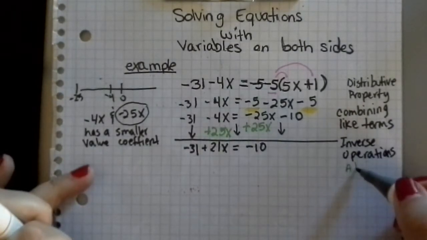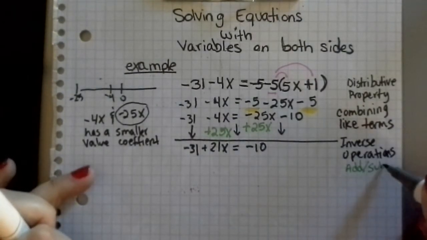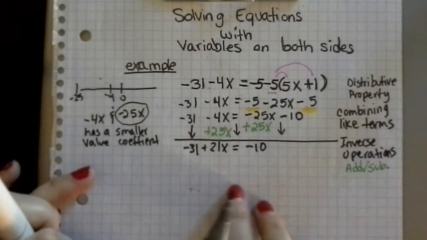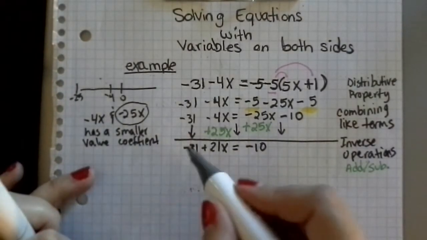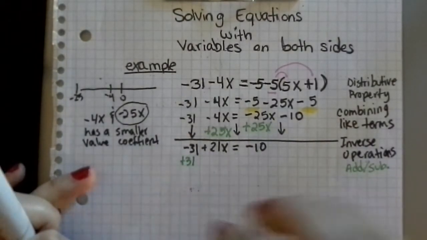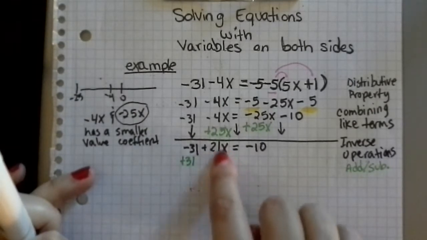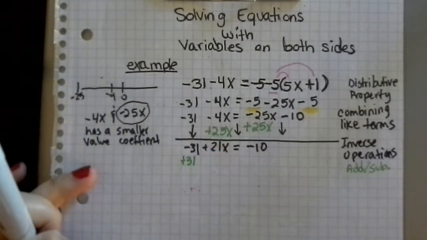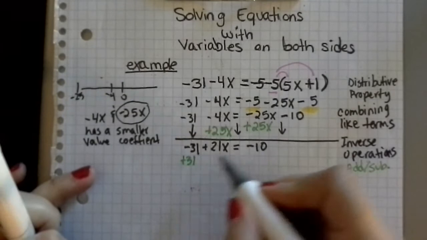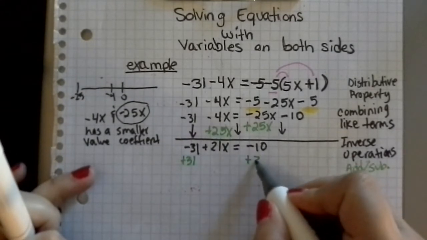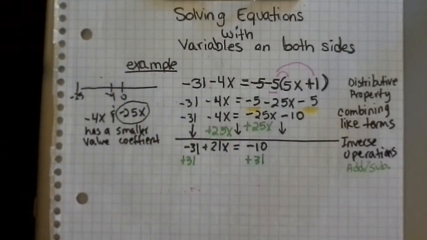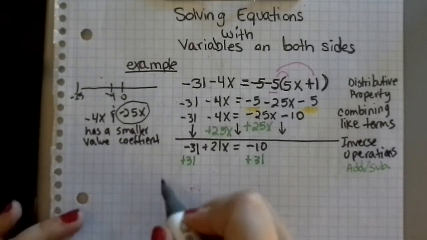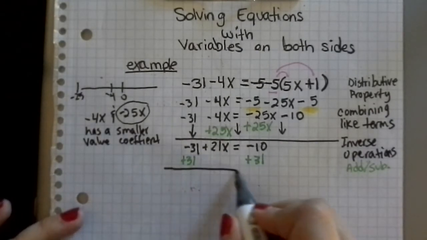So remember, we're sticking to add or subtract first. I have minus 31 here, so I'm going to add 31. That'll get me closer to having x alone on one side. But if I add 31 on one side of the equation, I better add it to the other side. That's our property of equality.